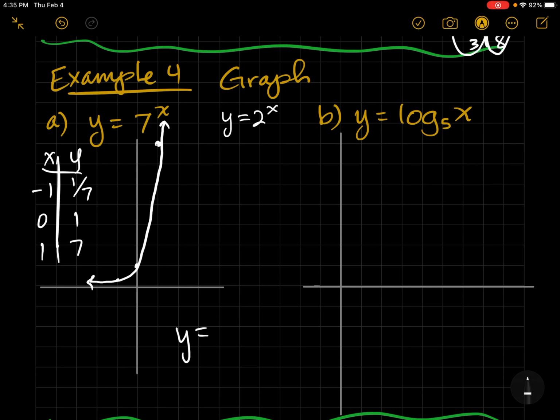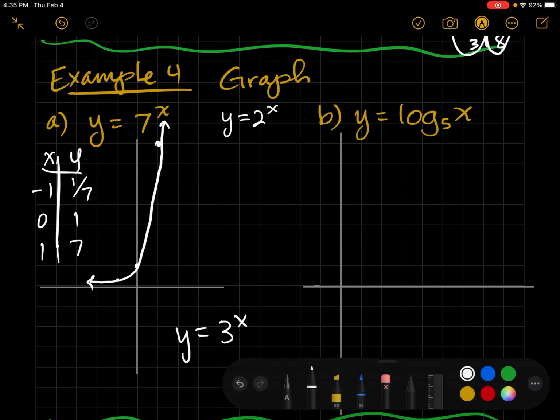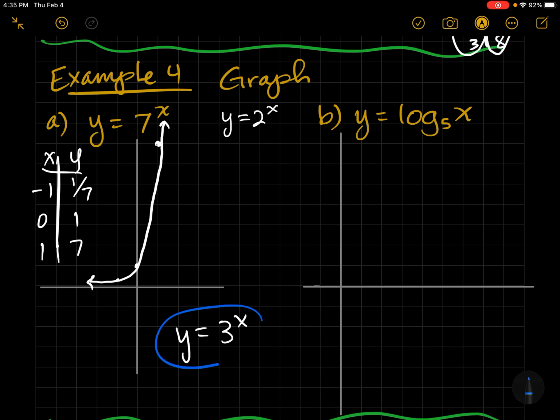If I were graphing y equals 3 to the x, as a matter of fact, let me do that in a different color. I would just do a third, 1, and 1 would go to 3. So notice the base gives me a nice little point of 1, 3.